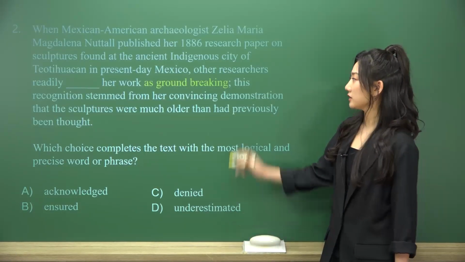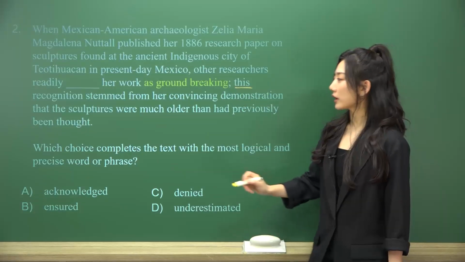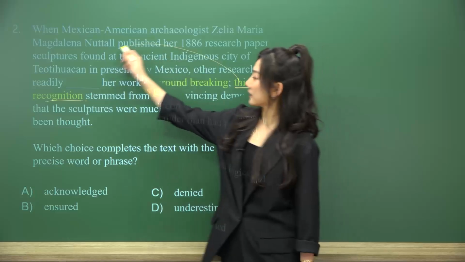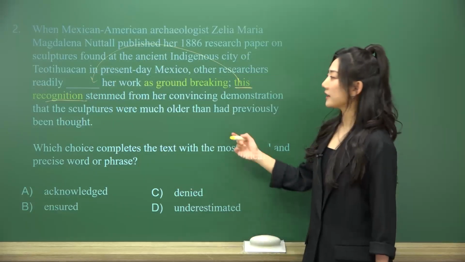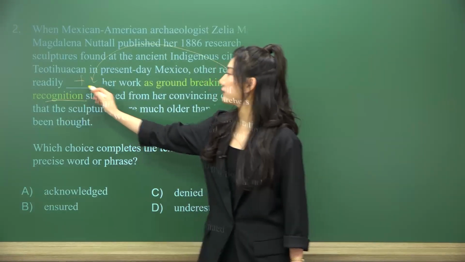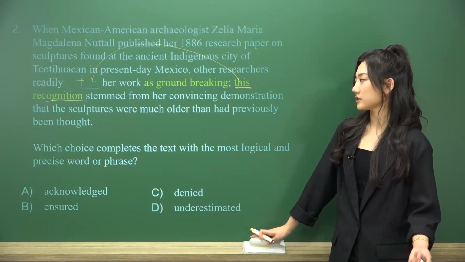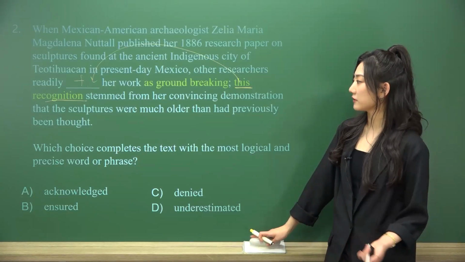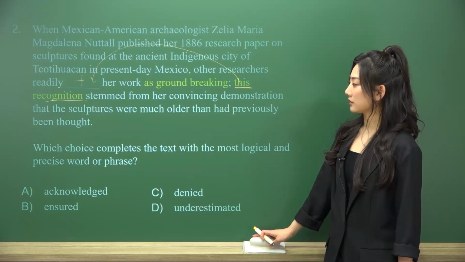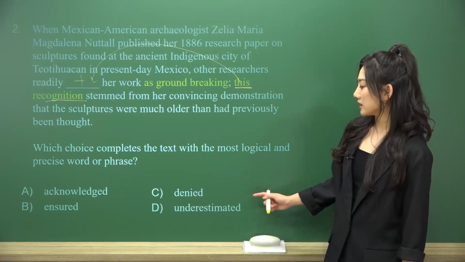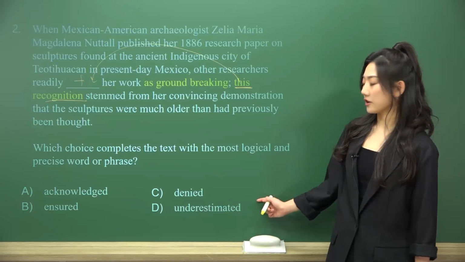This recognition, here's our word this, recognition, meaning that whatever comes before here is going to now be a positive term because she received recognition, stemmed from her convincing demonstration that the sculptures were much older than had previously been thought. Okay, so looking at the answer choices, we see acknowledged, denied, ensured, and underestimated.